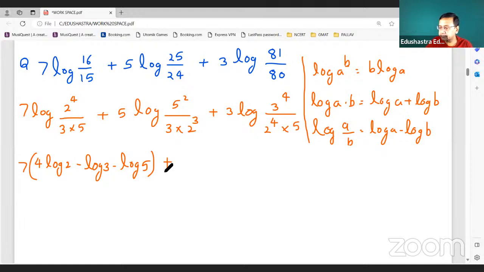Plus this is 5, okay? And this is 2 log 5 minus log 3 minus 3 log 2.